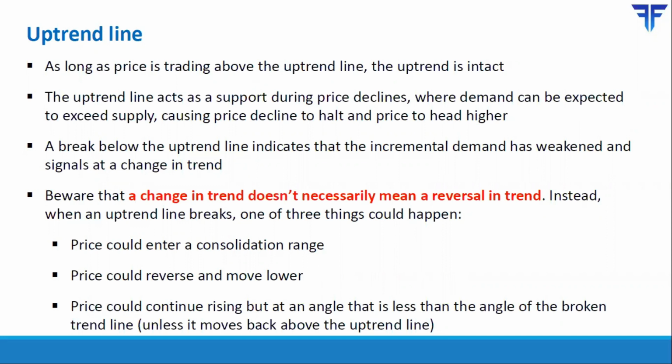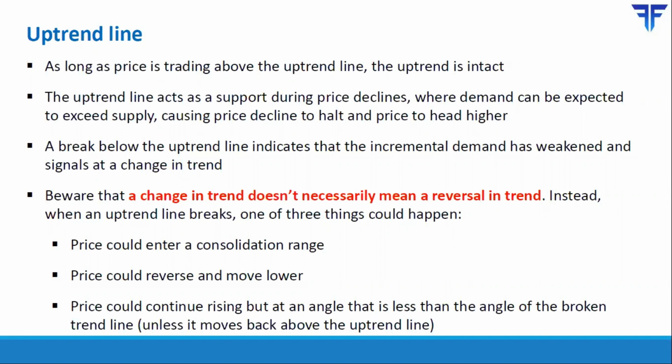What it means is that the angle at which the price was rising before the trend line break has weakened. So whenever a trend line breaks, what it tells you is that price is no longer maintaining the angle at which it was rising before the trend line broke.